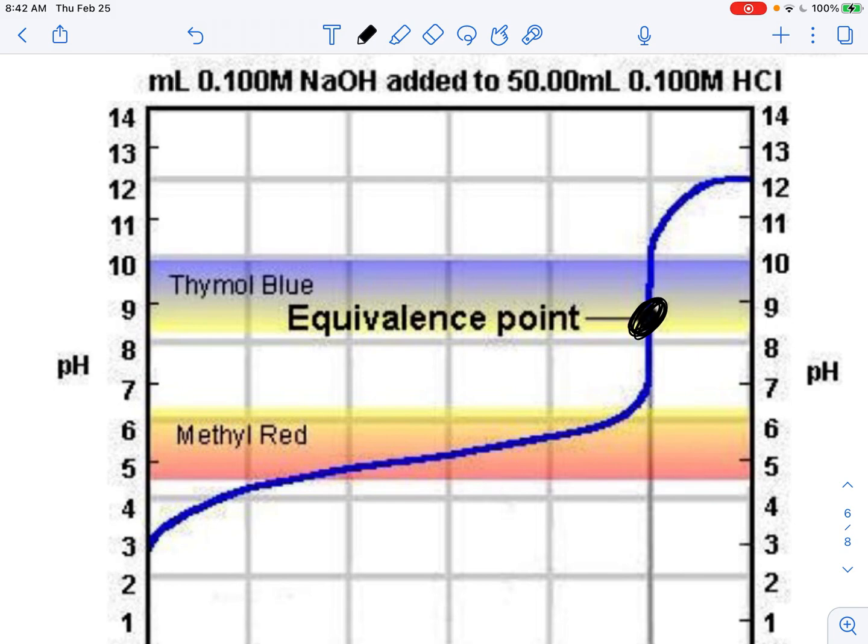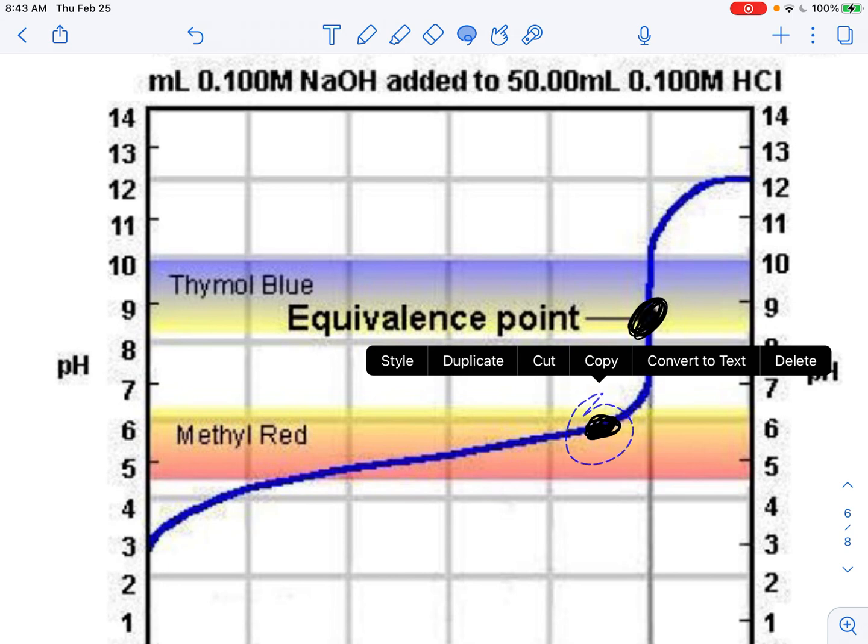But take a look at where methyl red is. Methyl red is changing pH right around here or so, and that is not on the same vertical portion of the graph as this other one here is. And so consequently, if you were to use methyl red in this circumstance, you would get an equivalence point result that is off.